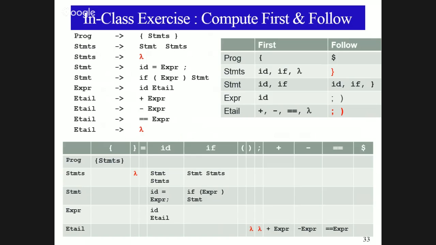E-tail is what's left after all these rules start with ID. So I left factored to ensure that it's LL1. So there's the plus, minus, and equals. And notice the columns they fall under. On the homework and on the test, oftentimes I see people struggle with, okay, I have 3 rules, but which column do I put it under?